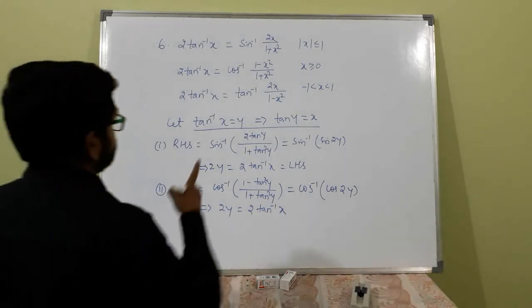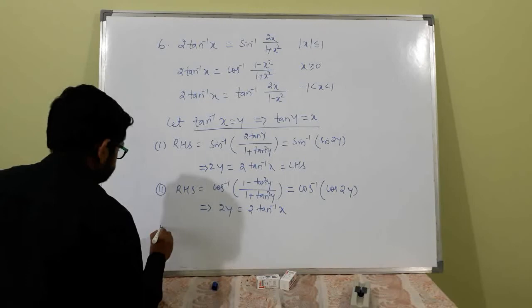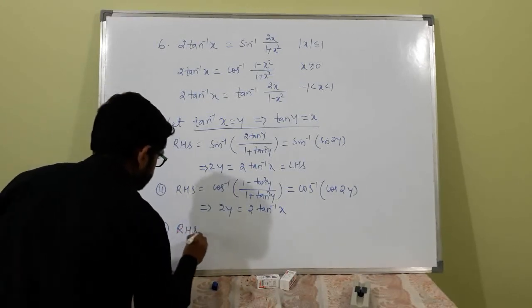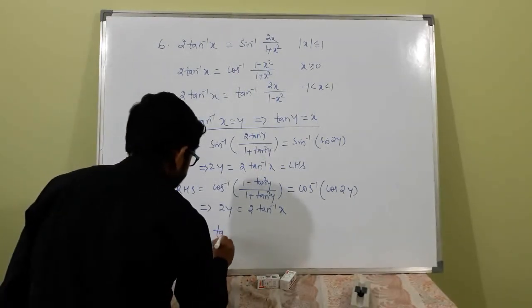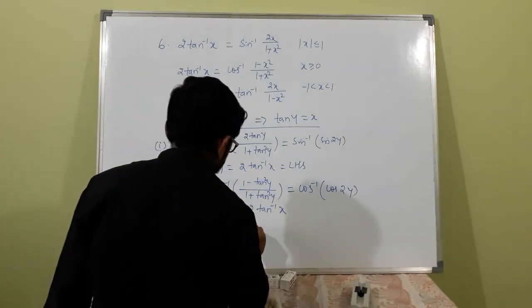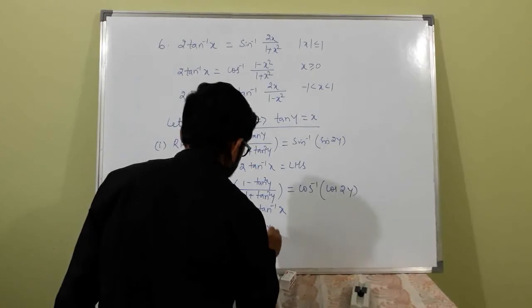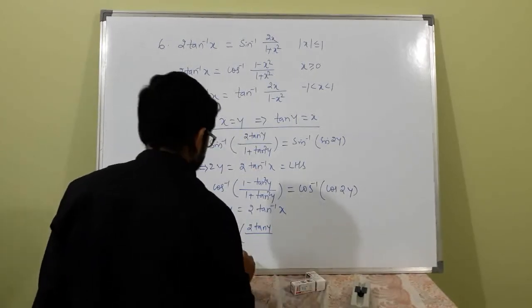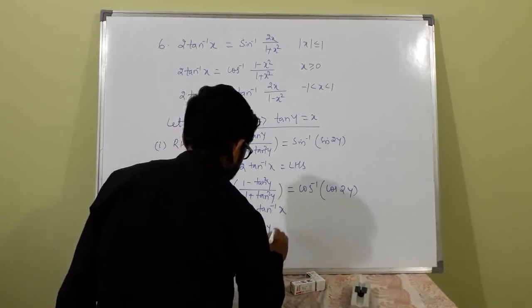Similarly, for the last one, RHS is tan inverse of 2 tan y divided by (1 minus tan squared y).